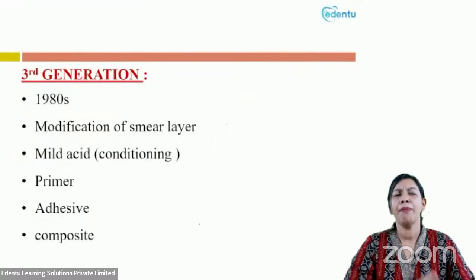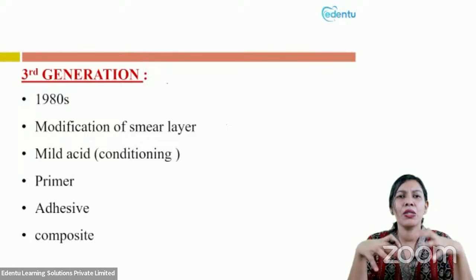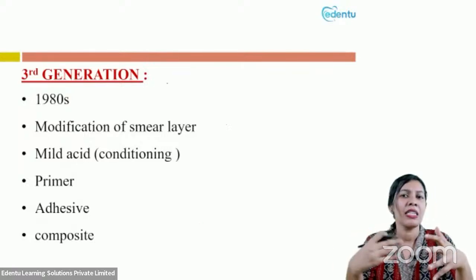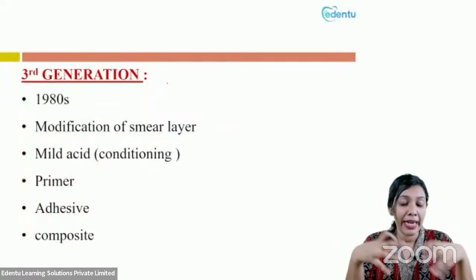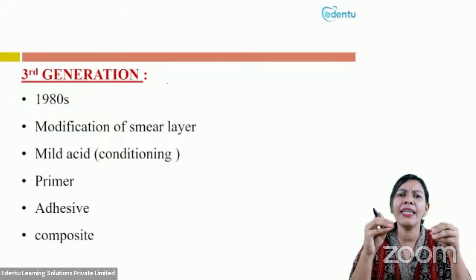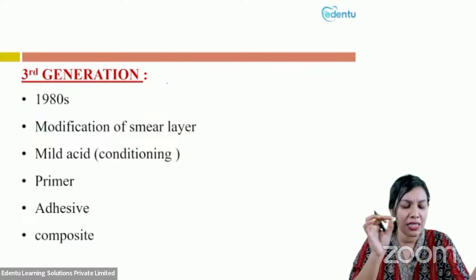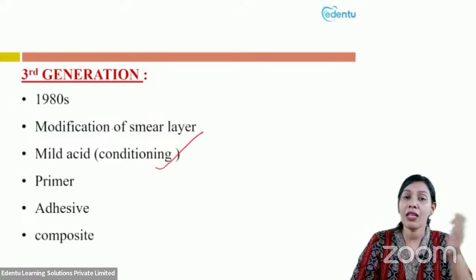Third generation, people started thinking that the smear layer is acting as a hindrance between the composite and the tooth. So in the third generation, they didn't completely remove the smear layer. They just modified the smear layer. Modification is done with what? Conditioners. Conditioners just modify the smear layer.